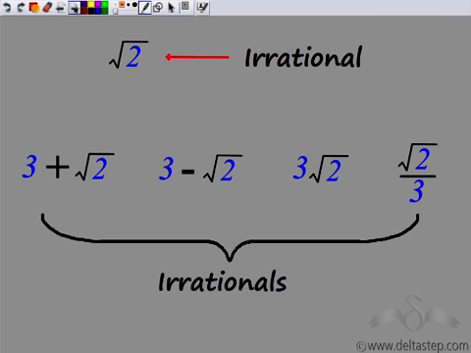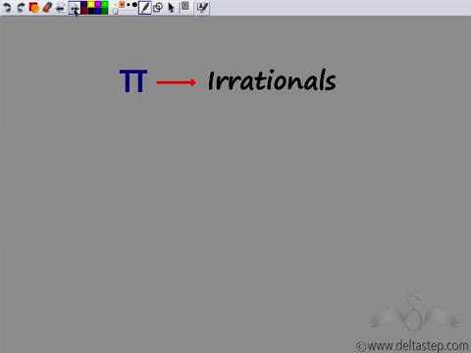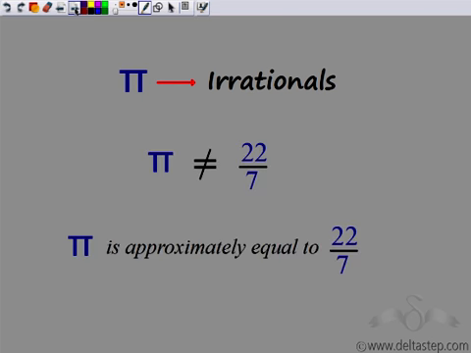So after a lot of years, there was a whole list of irrational numbers that actually came up, and mathematicians found that pi too is an irrational number. I know that we've studied so far that pi is equal to 22 by 7, but that is not true. Pi is not equal to 22 by 7, but instead pi is approximately equal to 22 by 7.